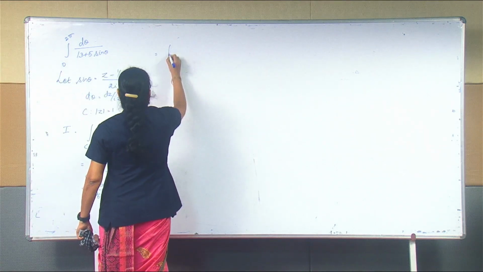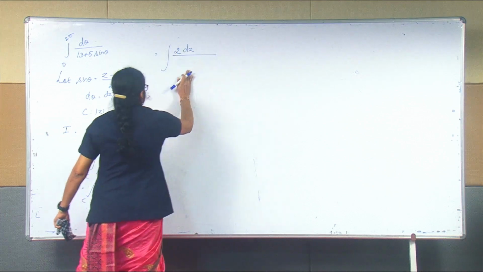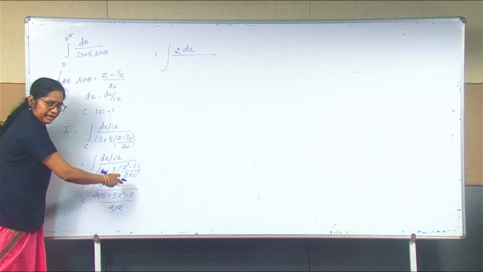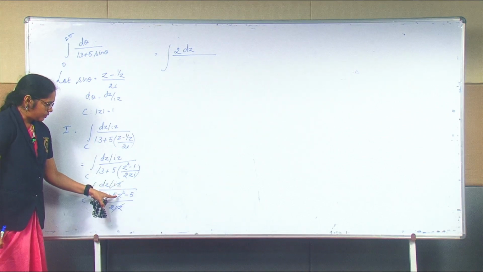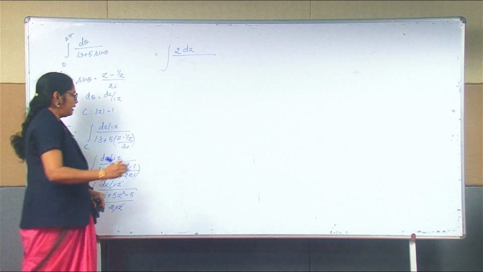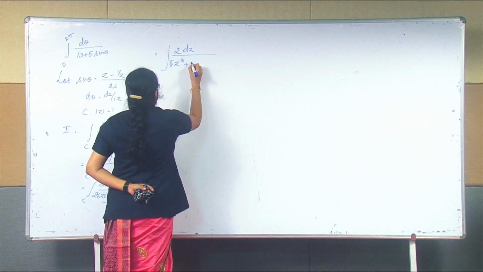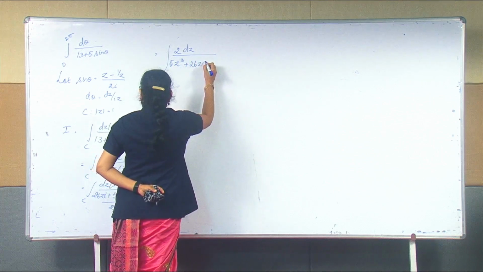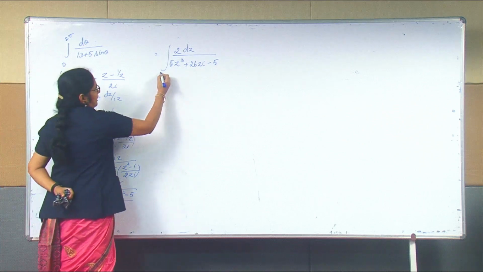So this could be written as 2 dz divided by, and here I would like to rewrite it in quadratic form: first z square, then 26zi, minus 5. We are just rearranging the denominator terms. So this is the integral over C.